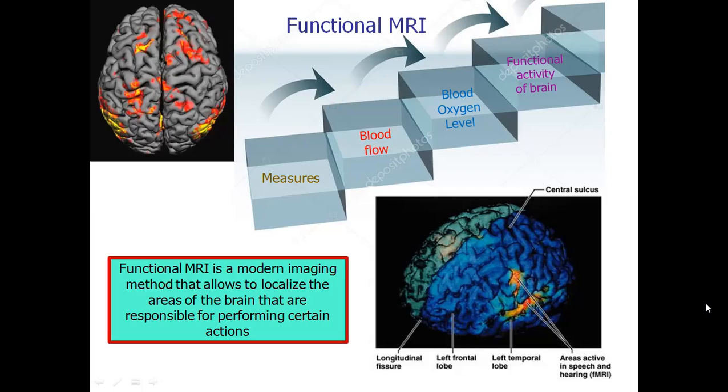Functional MRI measures small changes in blood flow, and therefore changes in oxygen levels and metabolic activity, that occur with brain activity over time after visual, auditory, and other stimuli, mental arithmetic, reading, physical exercises, and so on, meaning which part of the brain is handling a critical function.